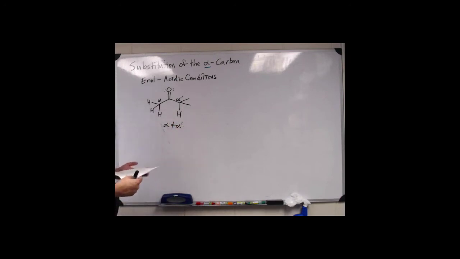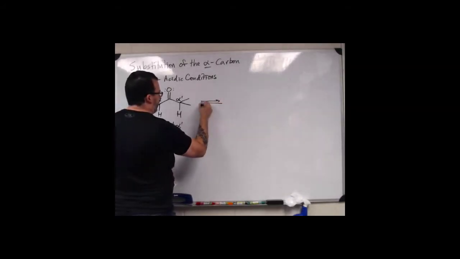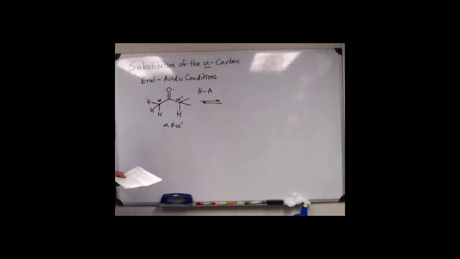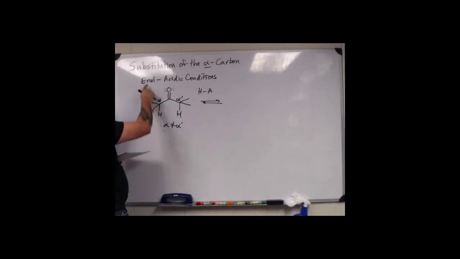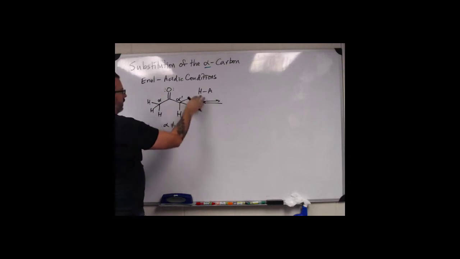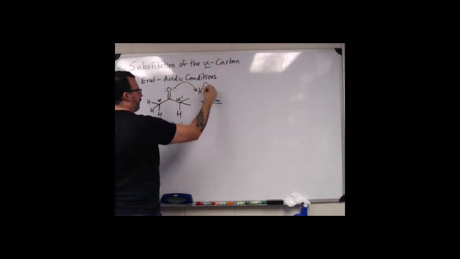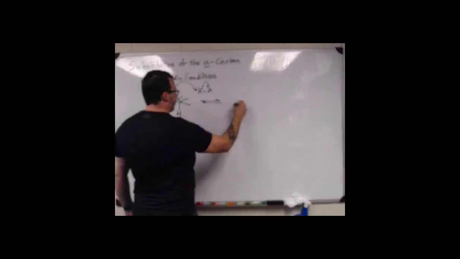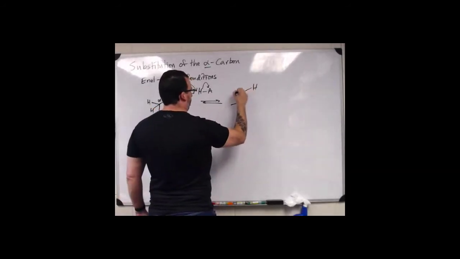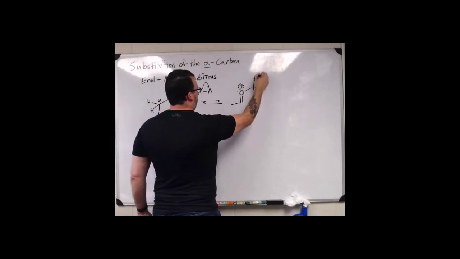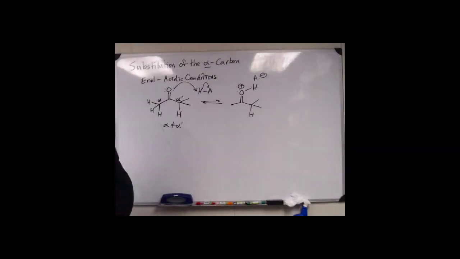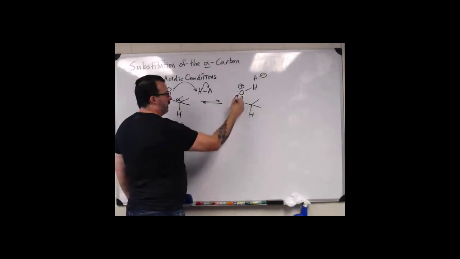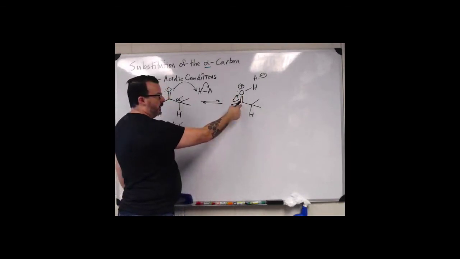If we treat this now with some acid, again, we'll look at different types of acids, but this is the general arrow pushing mechanism to form an enol. A carbonyl with acid is protonated. We can show a resonance form for this, where the plus charge is shown on the carbon.